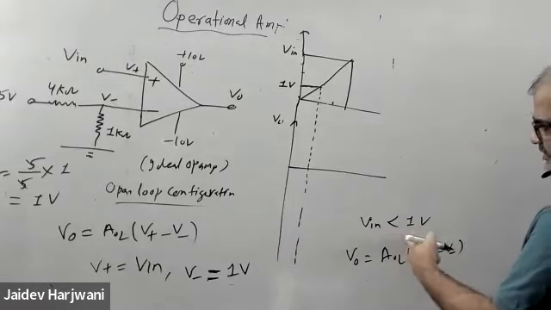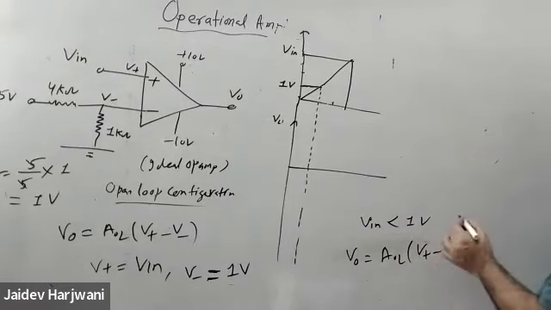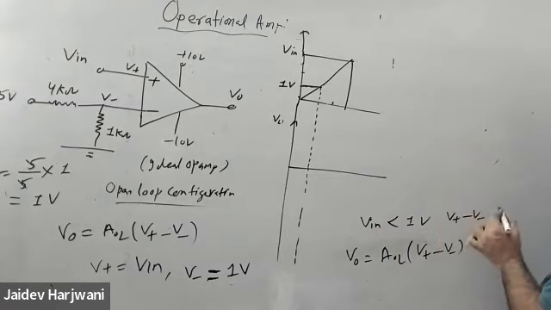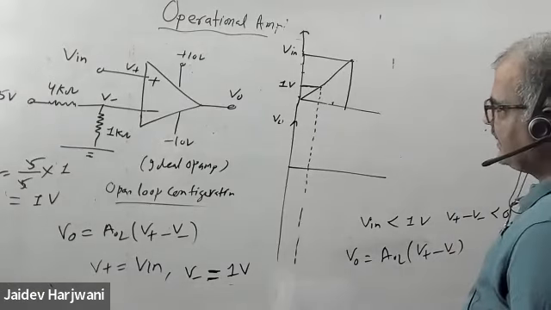If V input is less than 1 volt, then V plus minus V minus is less than 0, negative, so my output will be negative. Whenever there is negative, what happens?